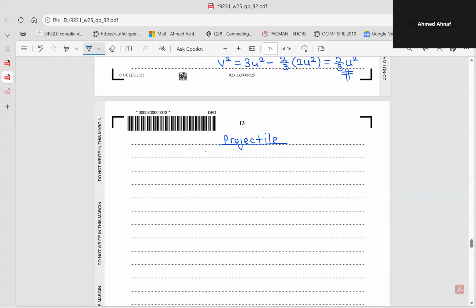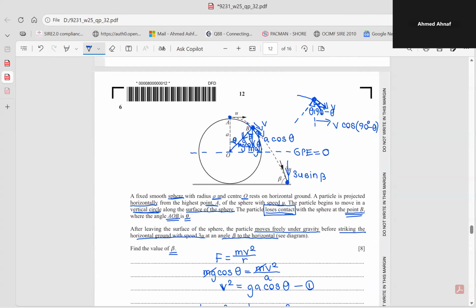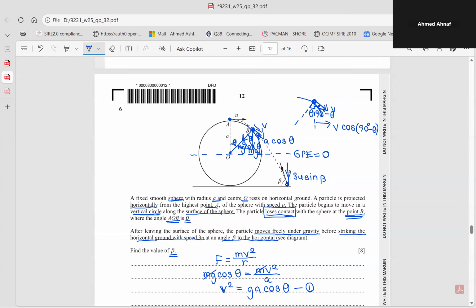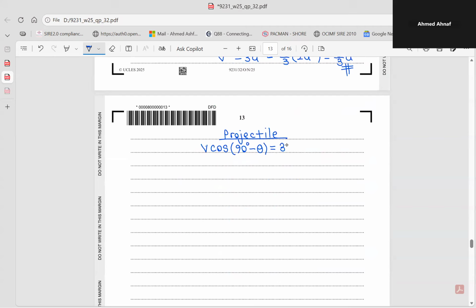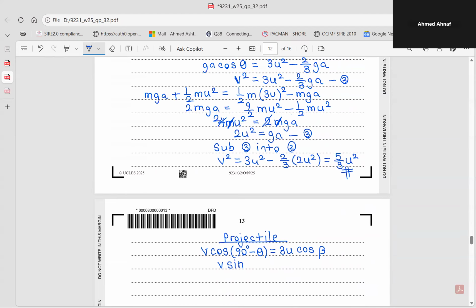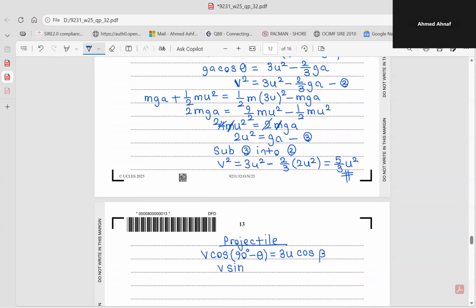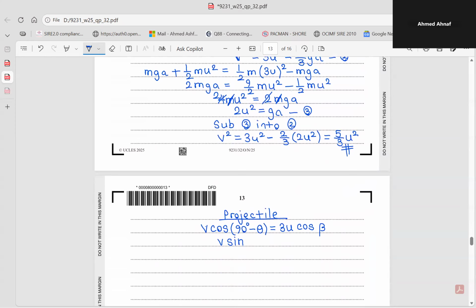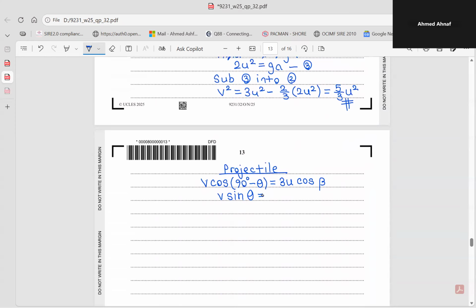So V cos 90 degrees minus theta equals 3U cosine beta. And using complementary angle laws, we can tell that V sine theta is 3U cosine beta.